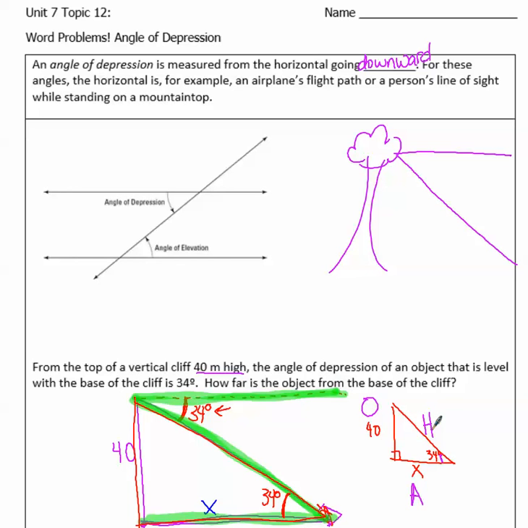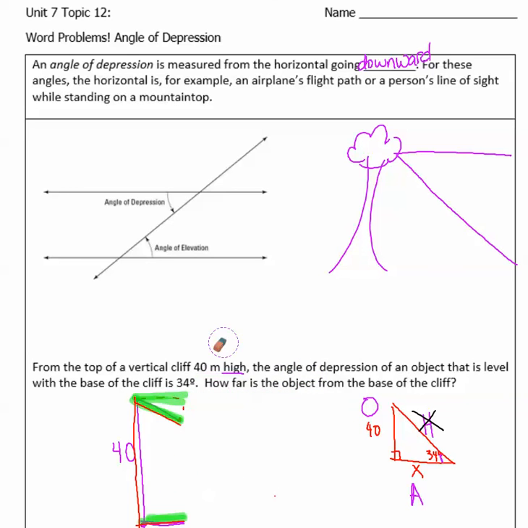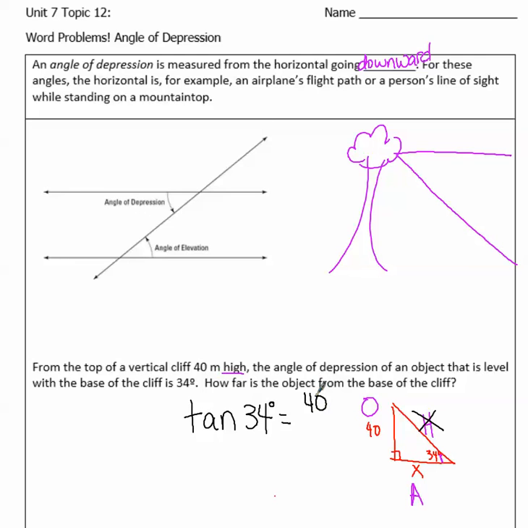The thing that I am not using of the O, A, and H is the H. I don't want to know it, and I don't already have it. So I'm looking at O and A, which is a TOA problem. TOA, which is tangent of the angle that you're dealing with, is equal to opposite, which is 40, over adjacent, which is x.